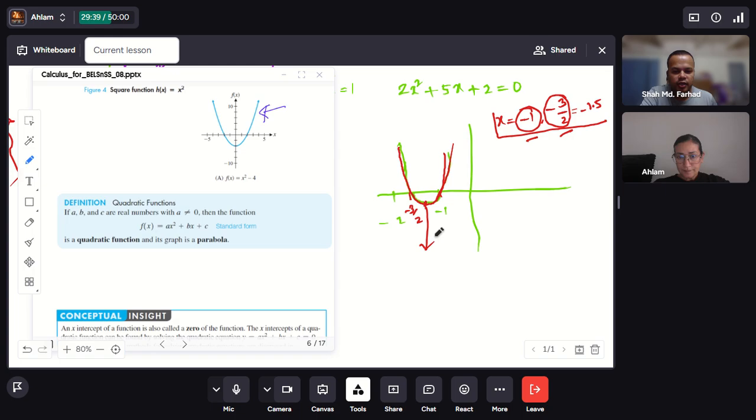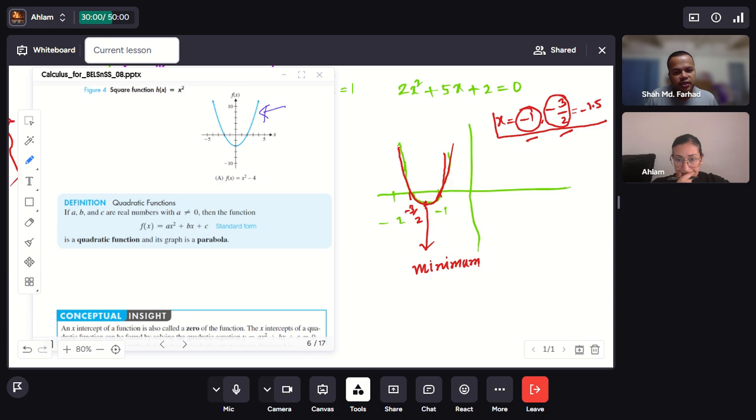This point is called the minimum point. So if the graph is concave up, a U shape, then we will have a minimum point.